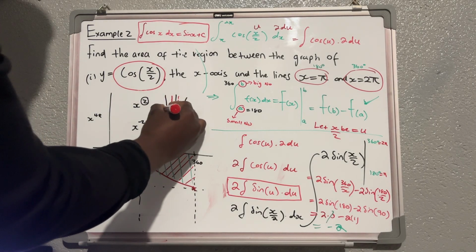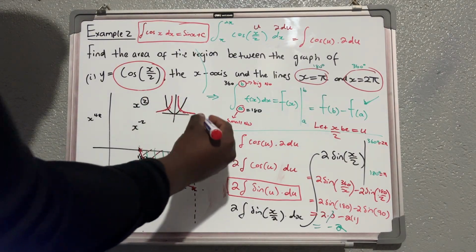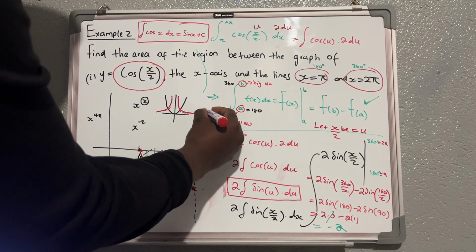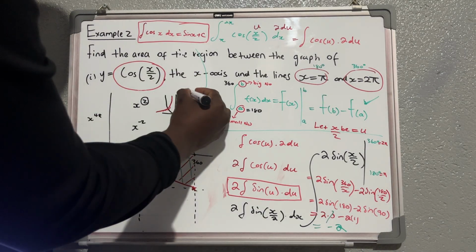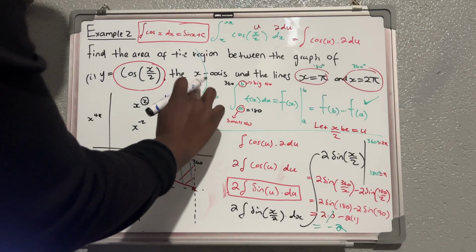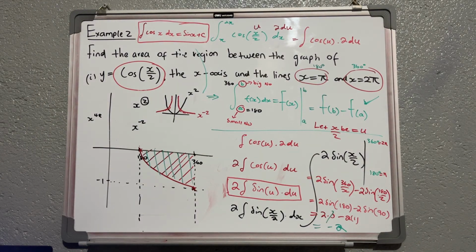So this red one is your x to the exponent minus 2. Then the black one would be your graph for x to the exponent 2, not 3.